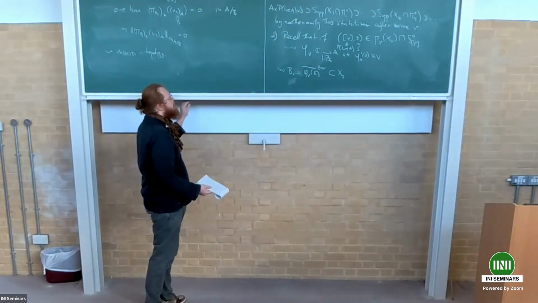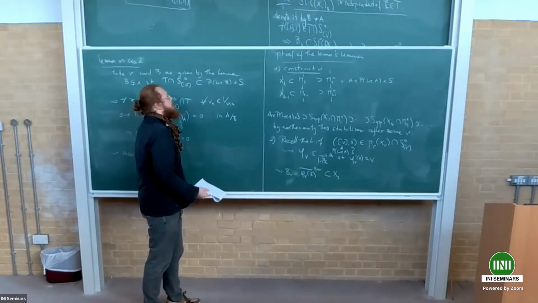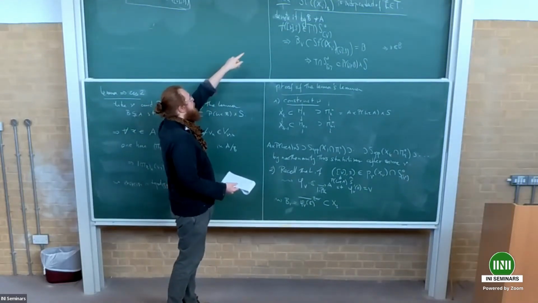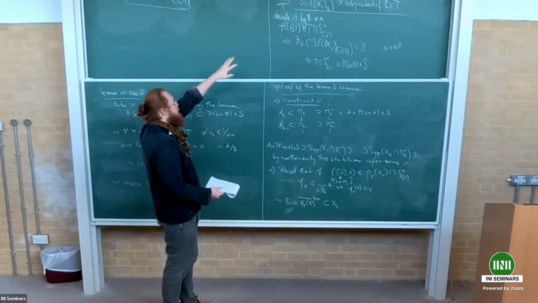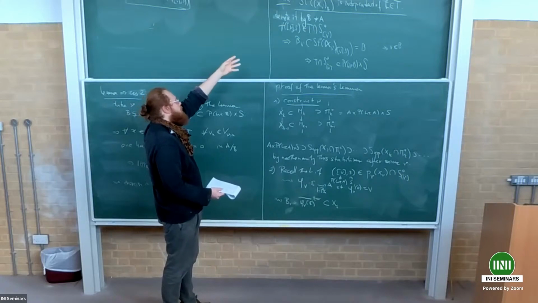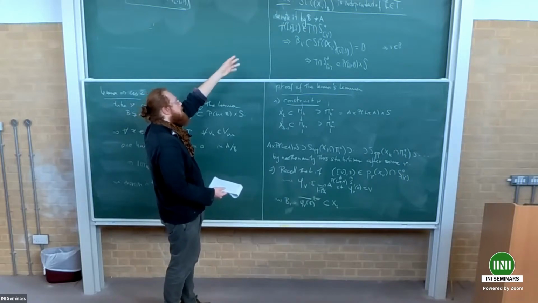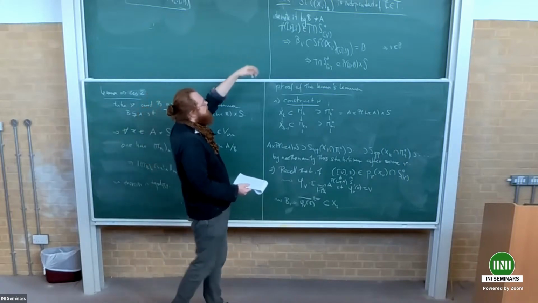And so I should mention here that I am cheating a bit by saying that the stabilizer of this is independent of T. In fact, this would be true if X mu is irreducible, but it doesn't have any reason to be irreducible, or the restriction of X mu to T is irreducible.